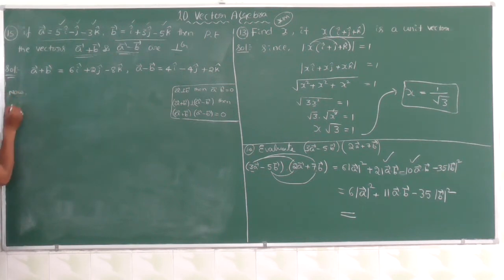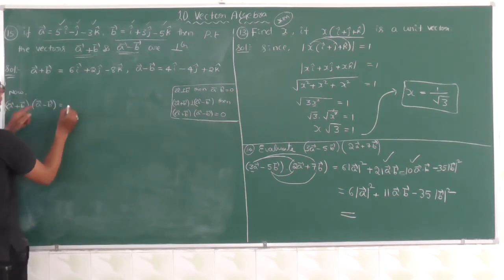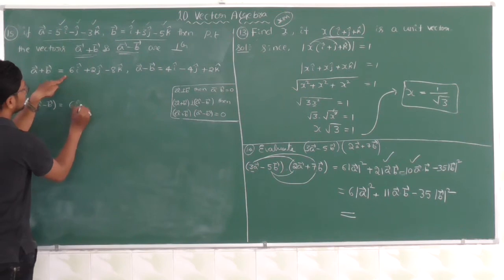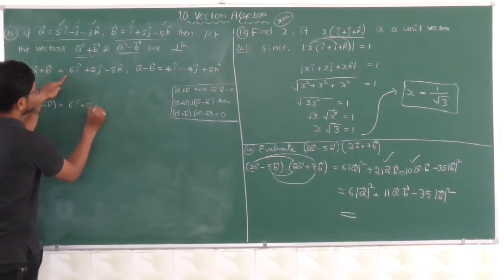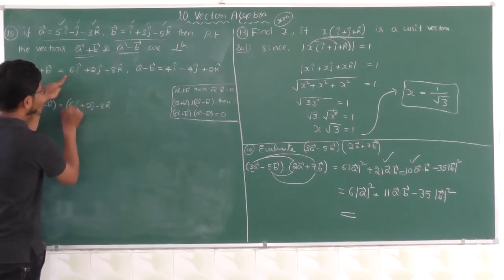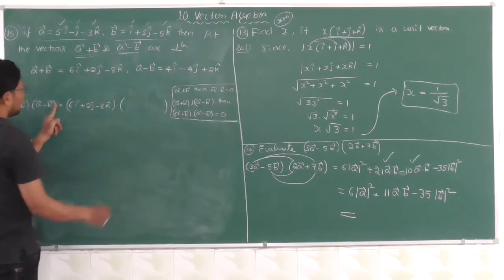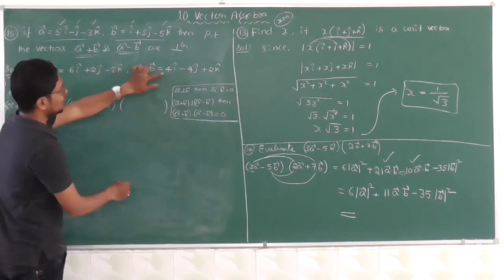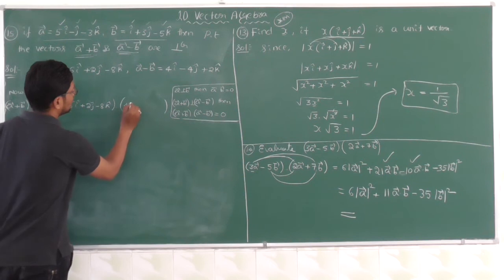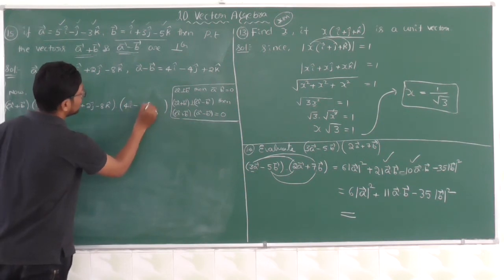Now a plus b dot a minus b equals, write down the vectors. A plus b is 6i cap plus 2j cap minus 8k cap, dot. Next, a minus b is 4i minus 4j plus 2k.